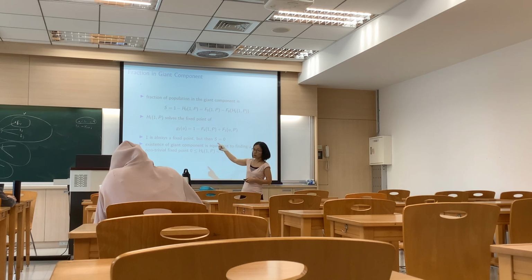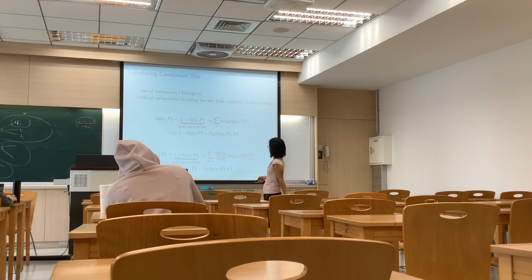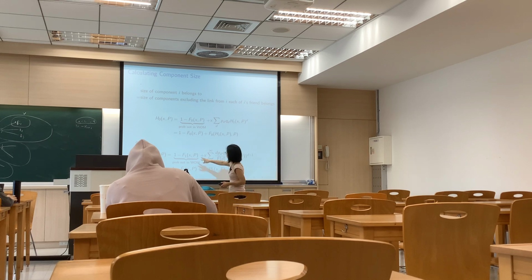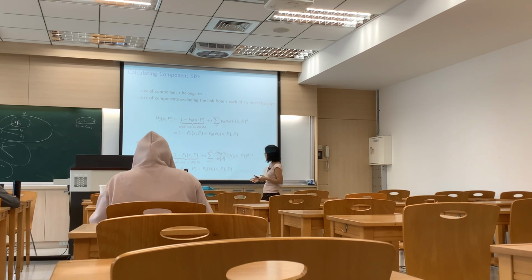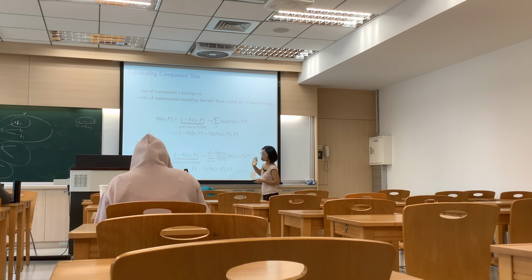And what does that mean? H1 of 1 is, when you plug in 1, the probability that J is not in the word of mouth network because it's not susceptible, plus the probability that the remaining component size that J belongs to is finite, because we're summing it up over all finite numbers.